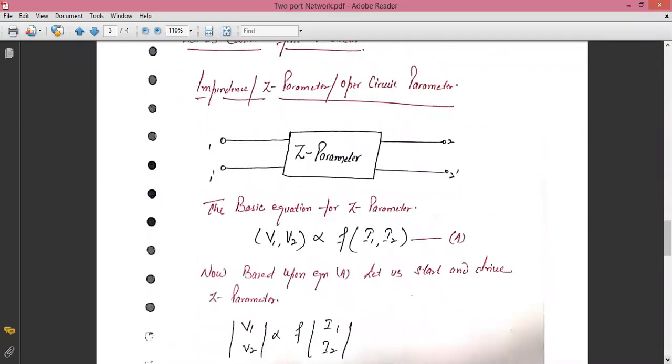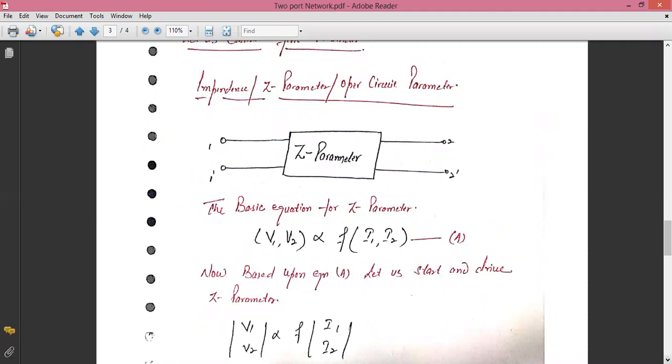This is the equation of the Z parameter: V1, V2 is a function of I1, I2. What does it mean? It means for the Z parameter, input voltage and output voltage are a function of input current and output current. Clear? So every parameter has a certain equation.